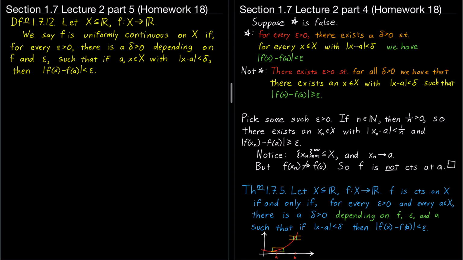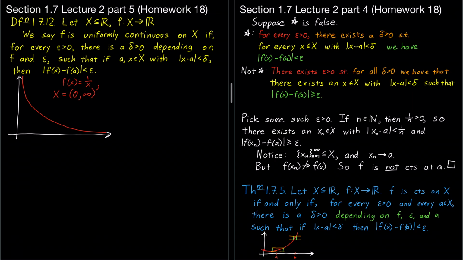You don't get to pick one delta per point. You don't get to pick a bunch of different deltas. This is really the situation we're trying to get rid of. Something like f of x equals 1 over x, and our domain is the positive numbers.